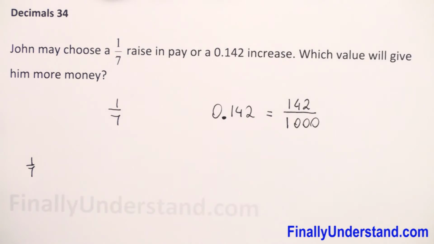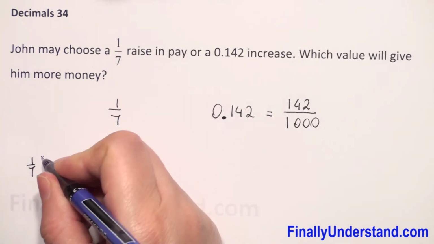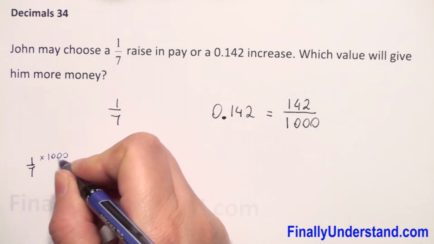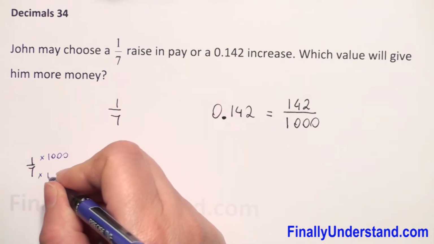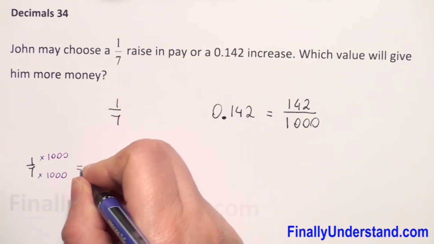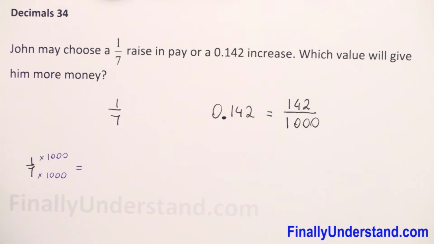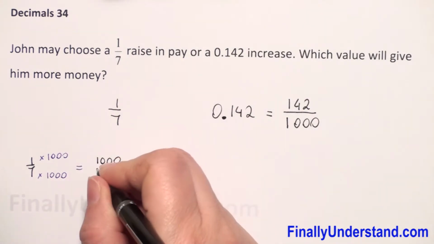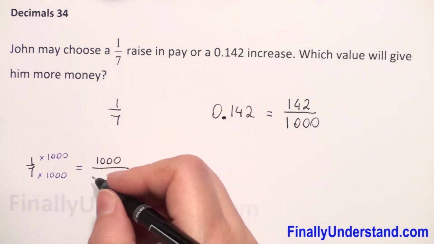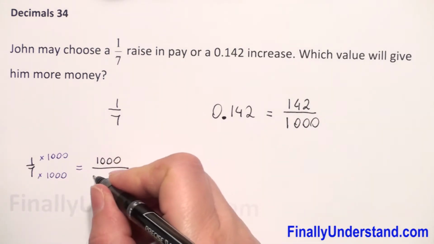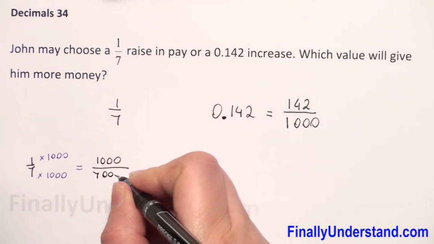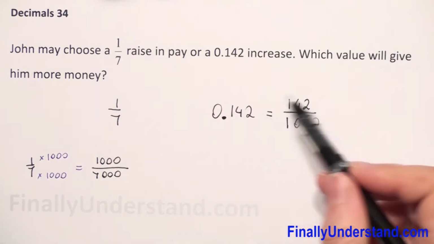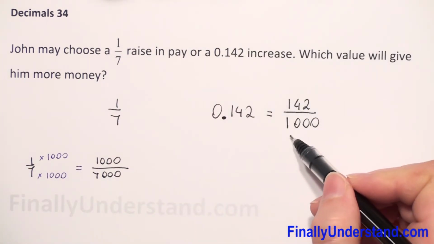We will multiply the numerator by 1000 and the denominator by 1000. So we will have 1 times 1000 is 1000, and in the denominator 7 times 1000 is 7000.